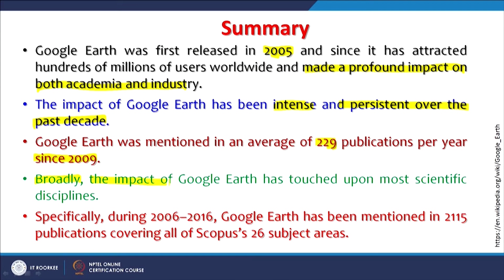So broadly we can say that the impact of Google Earth has touched most scientific disciplines, including civil engineering, earth sciences, botanical research, geological research, natural disasters too, and urban planning, and town planning people have started using it extensively.